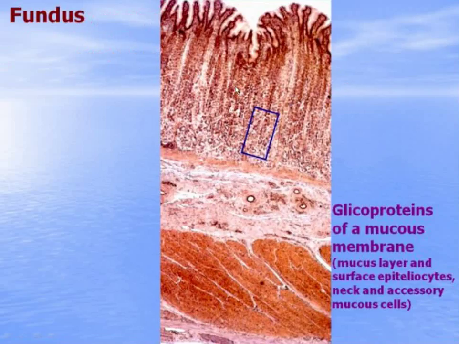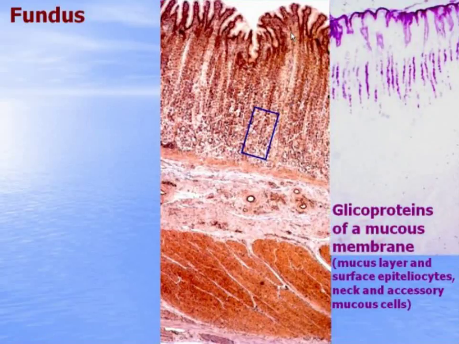This is a microphotogram of the fundus of the stomach, a photo from your histological preparation. You see the mucous and muscle membrane, gastric pits and proper glands, lamina muscularis and submucosa. And this is a demonstration preparation, demonstrating glycoproteins of the mucous membrane.